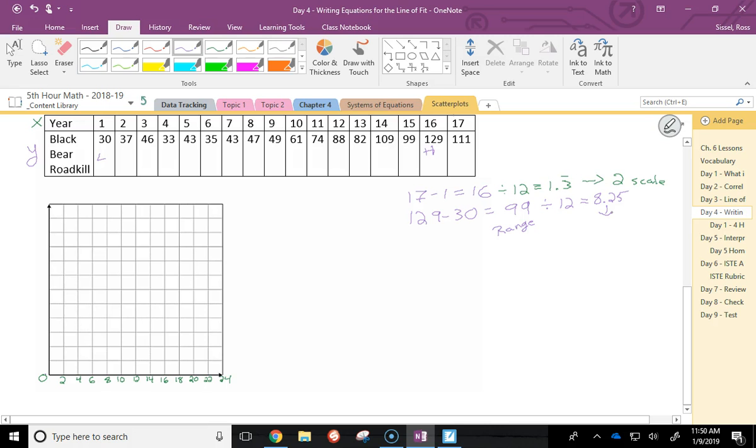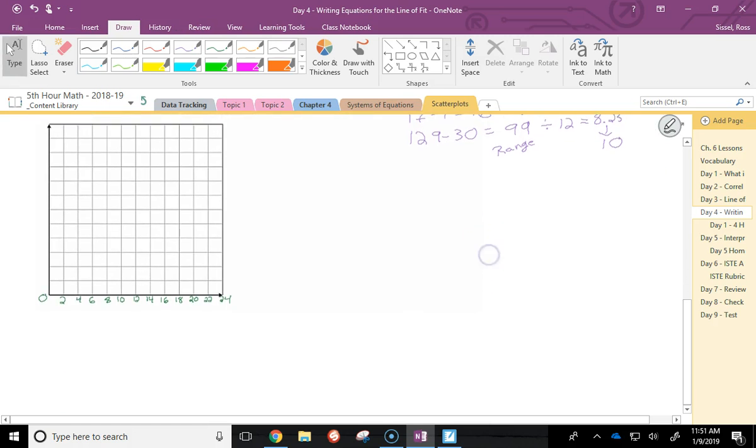Our scale has to be at least 8.25, but we are going to make it what? 10. We're going to make it 10. Why 10 and not 9? Because it's easier to count on. 9 would only go up to 108. 10's a landmark number. It's really easy.